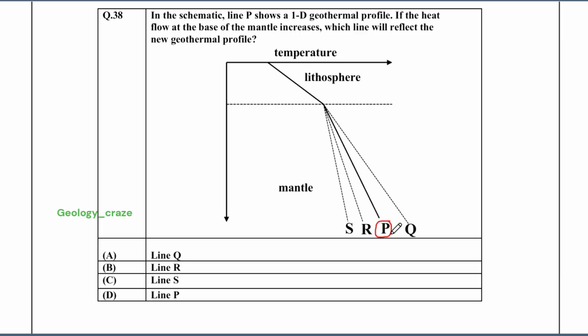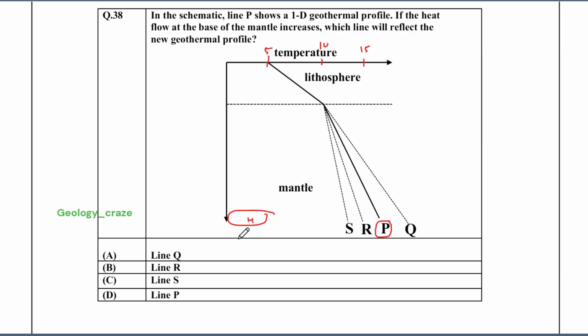So if the heat flow at the base of the mantle increases, at the base of the mantle heat is increasing. Suppose we take temperature values: here we have 5, here we have 10, and here 15, for understanding.